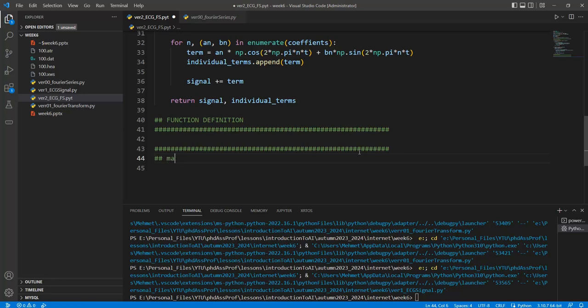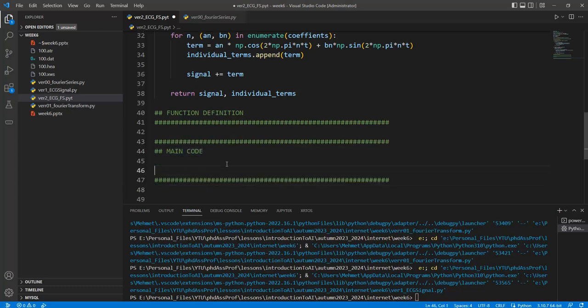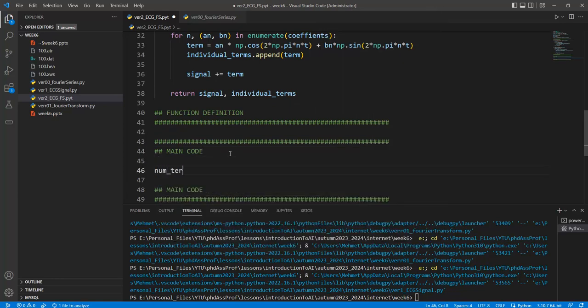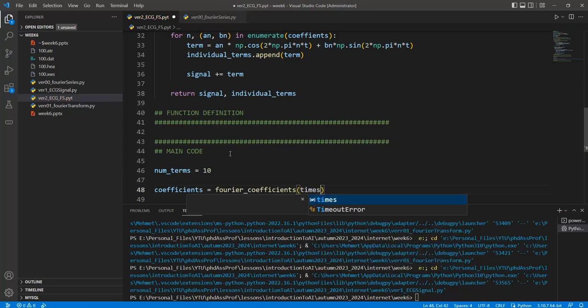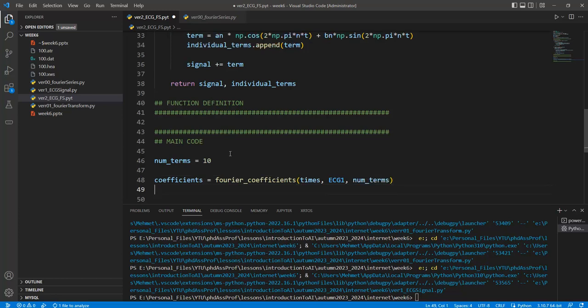And the main code can be given here. This one. The num terms can be assigned to 10, and the coefficients can be assigned with the Fourier coefficients function with the times parameter, ECG1 and num terms, right?